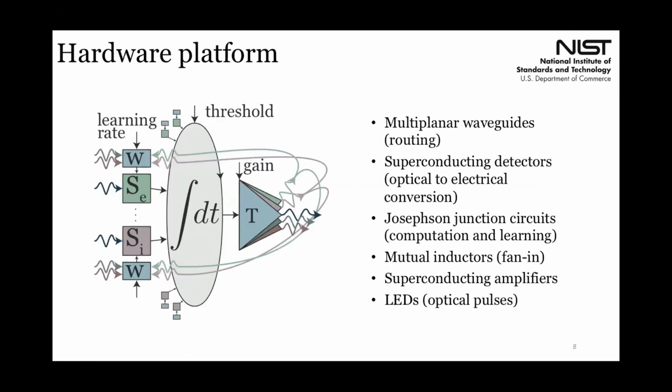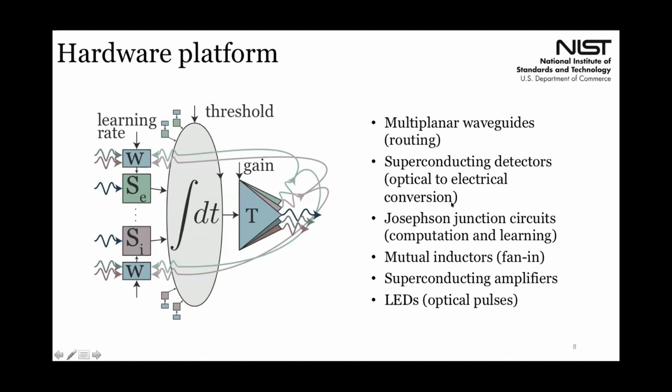What about our hardware platform? The main point is that in our hardware platform, the voltage spikes in the neuron are replaced by photonic pulses generated by a semiconductor LED. These photonic pulses are routed around by multiplanar waveguides.